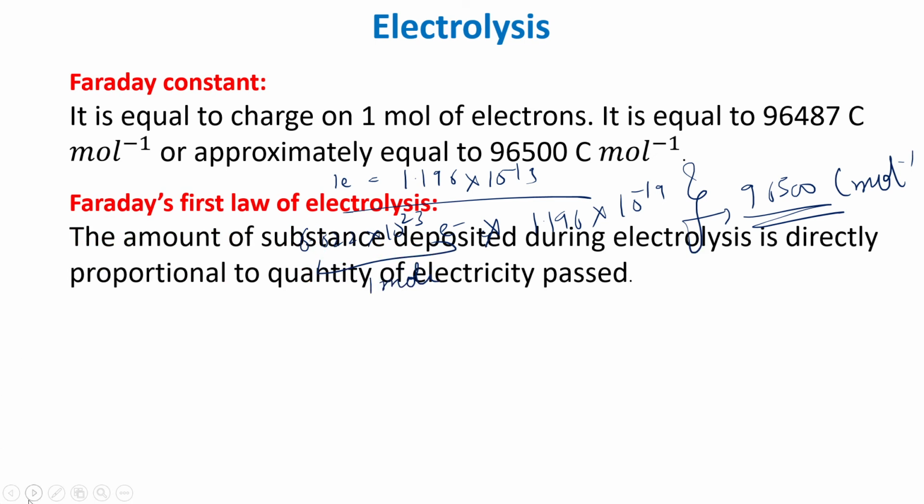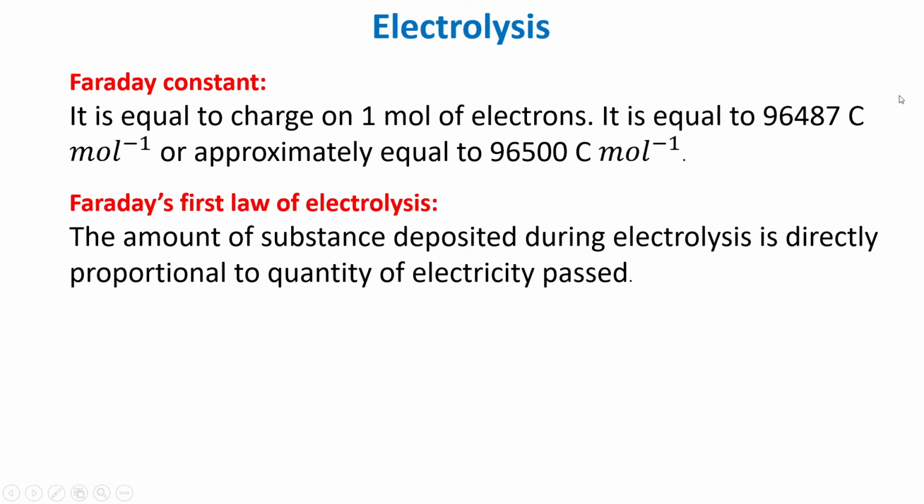Now we'll study electrolysis, which we can understand by Faraday's laws. Faraday gave the first law of electrolysis, where he said that the amount of substance deposited during electrolysis is directly proportional to the quantity of electricity passed.